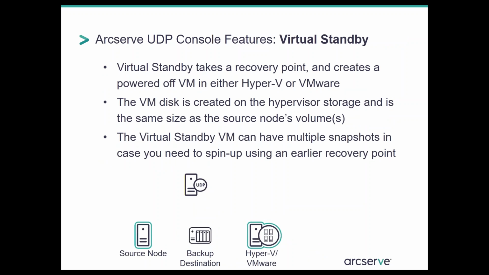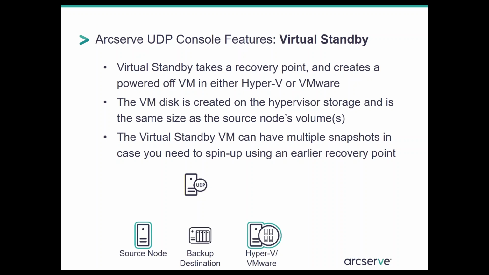A new feature available with the Arcserve UDP console is virtual standby. With virtual standby, as mentioned before, we can take a recovery point or a backup and create a powered off VM in VMware or Hyper-V. When we do this, the VM and the virtual disk are created on the hypervisor.